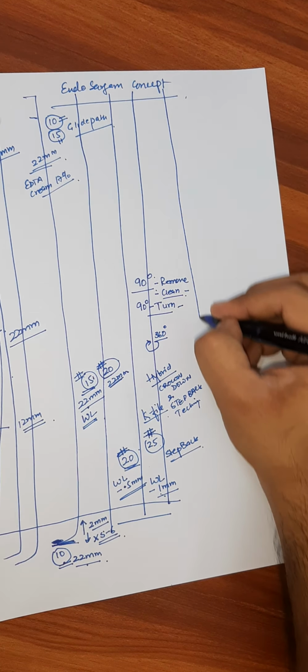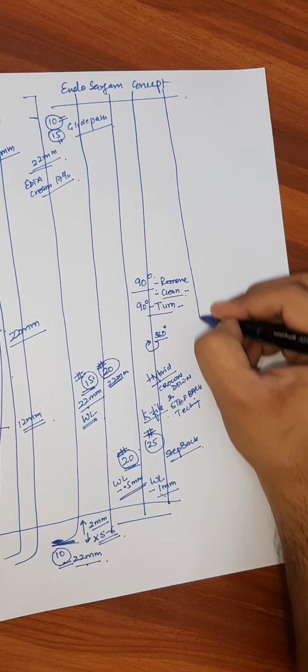After this is over, you will move on to a 35 number file, and it should reach working length minus 2 mm. Similarly, it has to go 360 degrees, and you will be taking small steps.